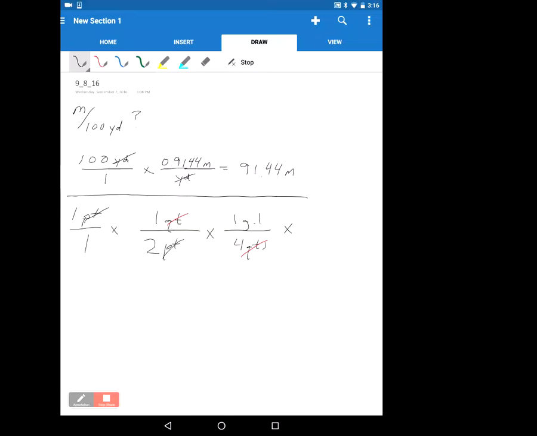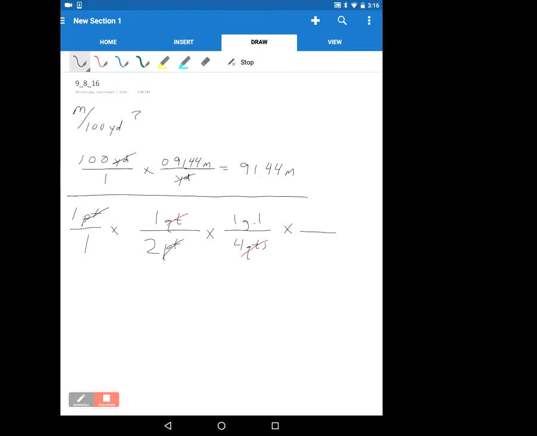So I need cubic feet to gallons. Looks like there is, and I should know this. Never looks familiar, but I forgot quite a bit over the years. All right, so we got 1 cubic foot.